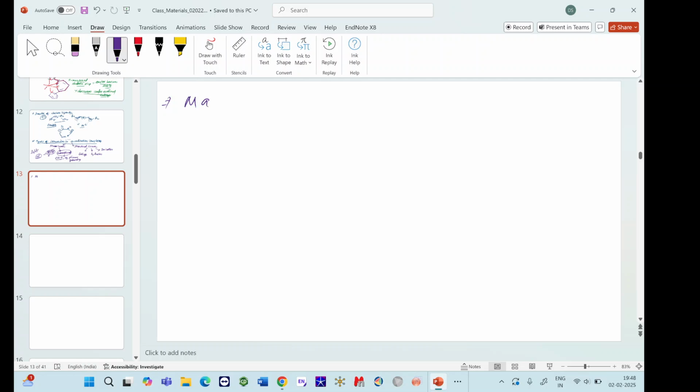You have M, say, A2B2. How can it be formed? You can have this kind of geometry, or you can have them on the opposite corners.